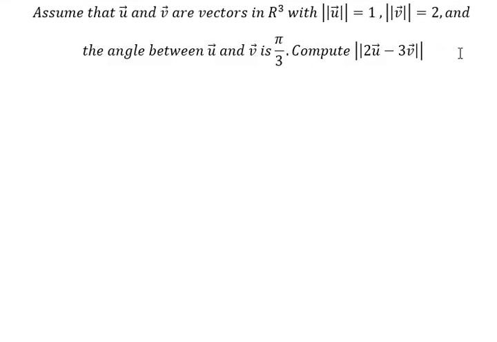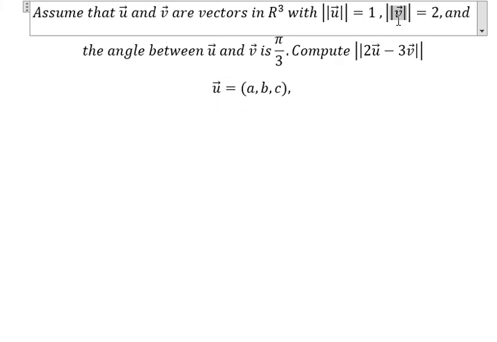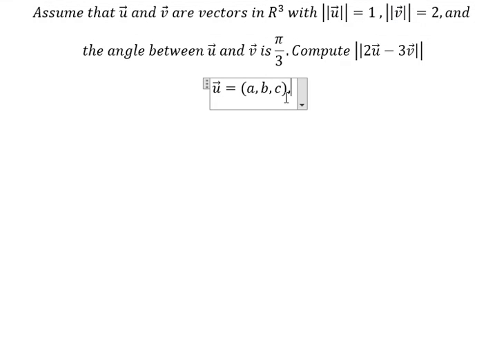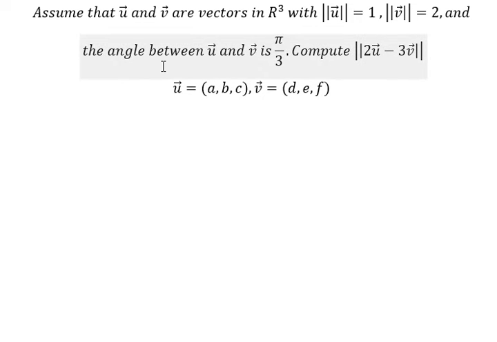Now we need to set up vector u equals (a, b, c) and vector v equals (d, e, f). We know that the angle between vector u and vector v is π over 3.